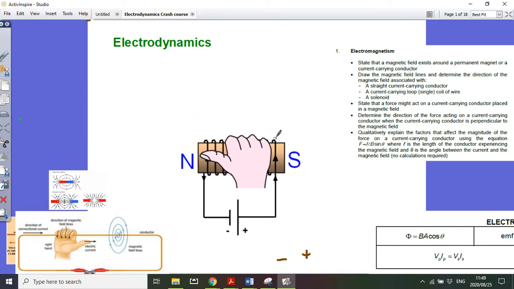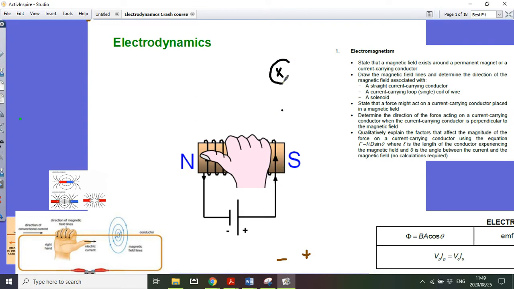So here we're going away from us into the page, and at the bottom it's coming towards us. So if I was going to draw that on a piece of paper again, if it was just one loop, then it would just be one cross at the top, one dot at the bottom, because it's coming towards us here at the bottom.